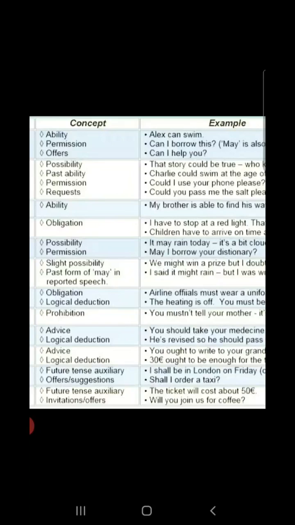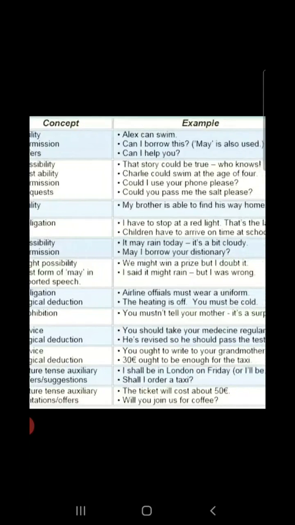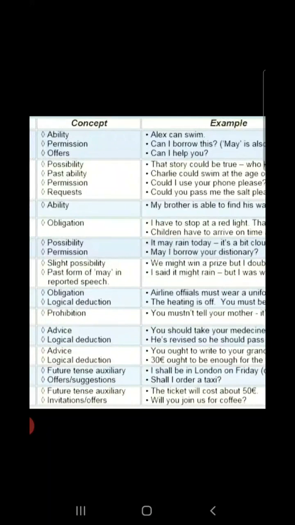So it may rain today. It's a bit cloudy, so since the weather is cloudy, rain can take place today, or we can have a rainy day.